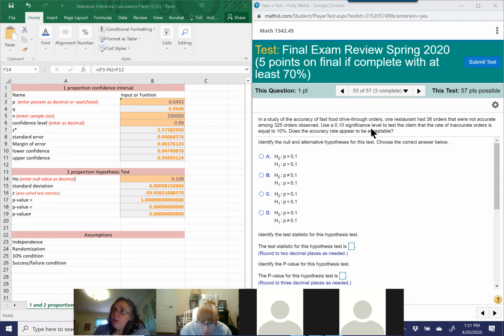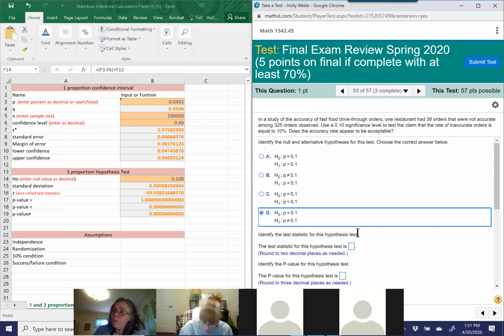Use a 0.1 significance level to test the claim that the rate of inaccuracy in orders is equal to 10%. So this is another what kind of test? Which one of these is going to contain my alternative hypothesis here? It's two-tailed, it's D, right?